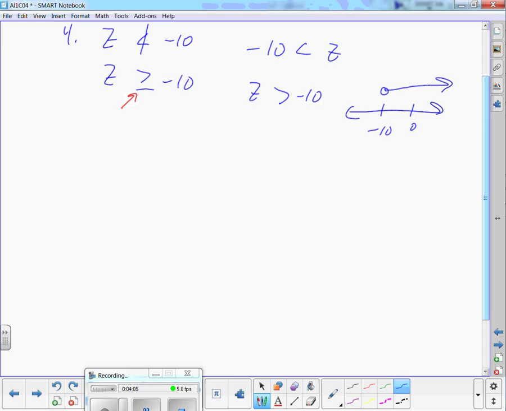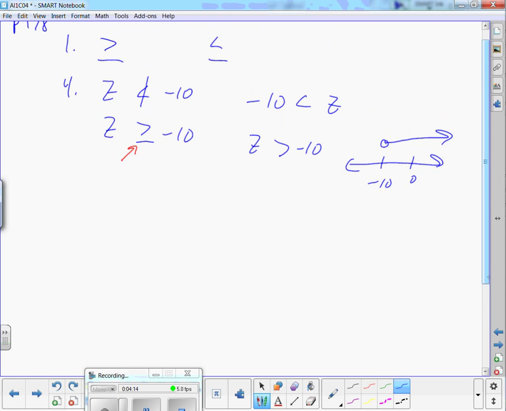Raquel? On the negation? Okay. So this one is saying the number is not less than negative 10. So therefore, the number can be greater than or equal to the negative 10.